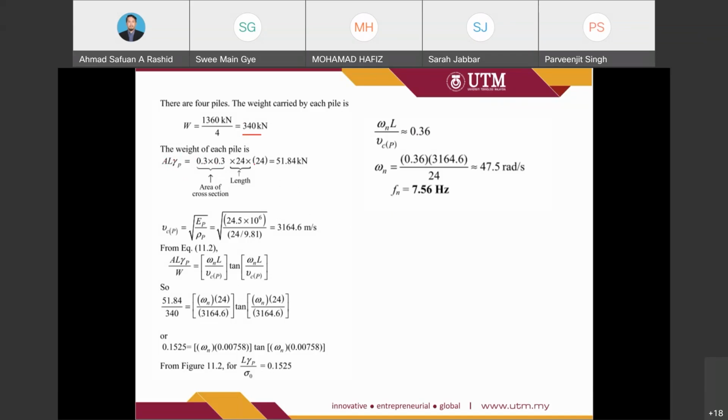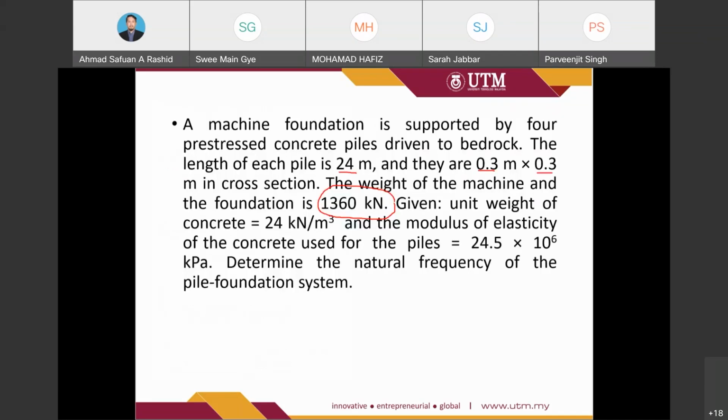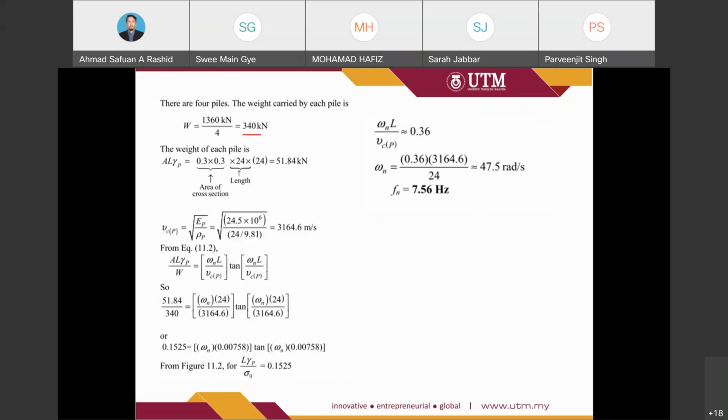So we get 51.84: the length is 24, the cross section is 0.3 times 0.3, and the unit weight of the concrete is 24.